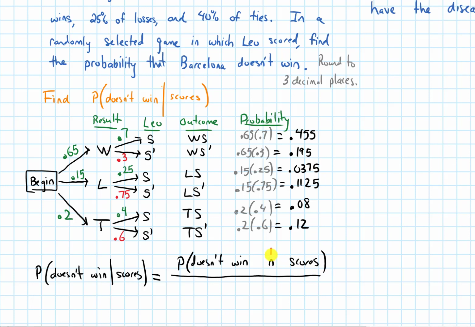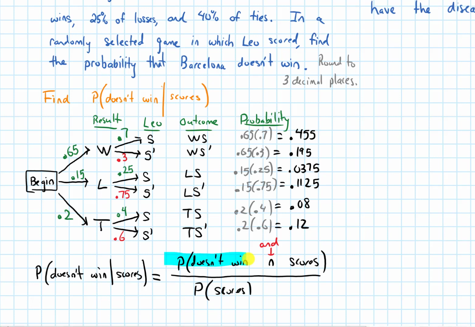Remember, intersection means the word and. So the numerator is going to ask for the probability that he doesn't win and he scores. And the denominator is going to be the probability that he scores. It's whatever we are given that goes on the bottom. And we are given that he scores.